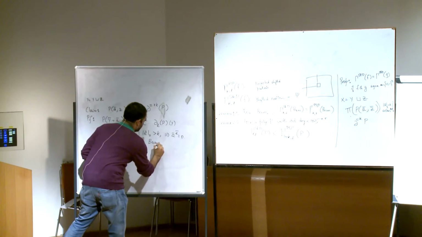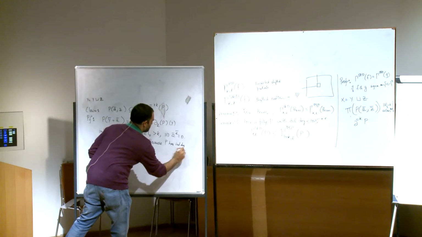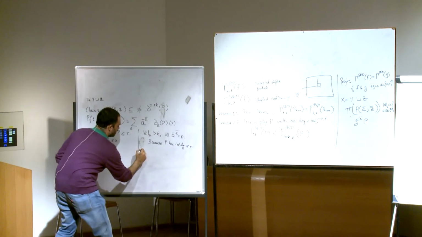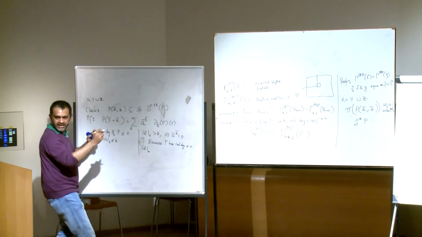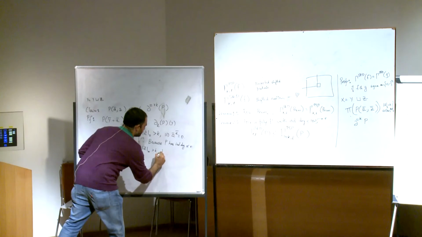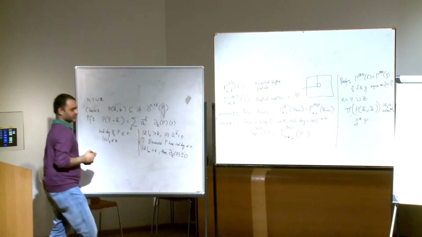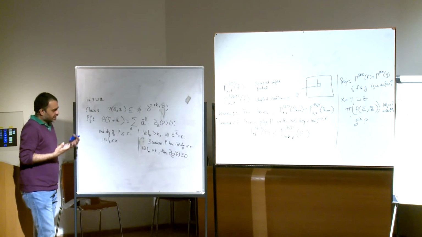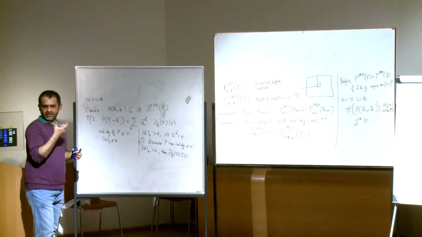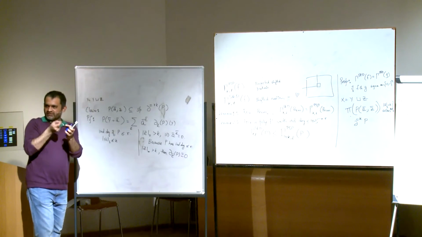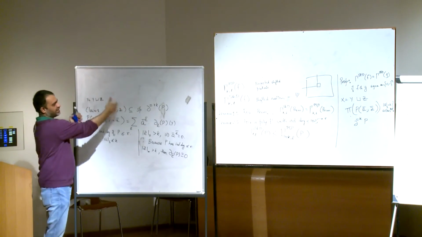Because p has individual degree at most r, I know that the L infinity norm, by which I mean the maximum coordinate, if this was greater than r, then this is equal to 0. So there are not too many e's left which can help you. First, the number of distinct coordinates in E can be at most k, and each coordinate can have degree at most r, which means all these guys are going to be in the partial derivatives of p of degree at most k times r.